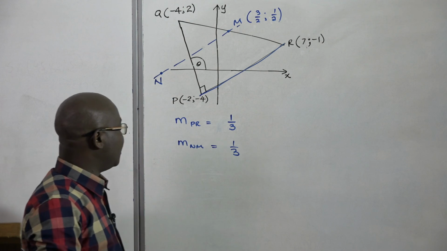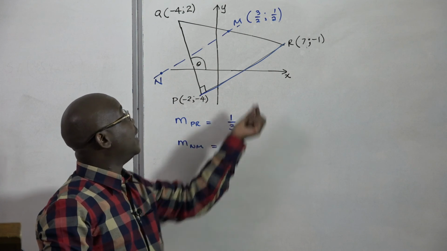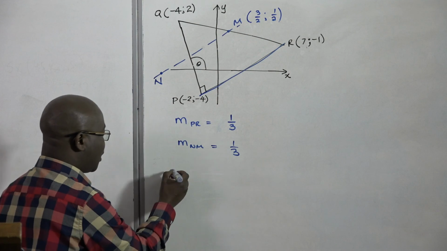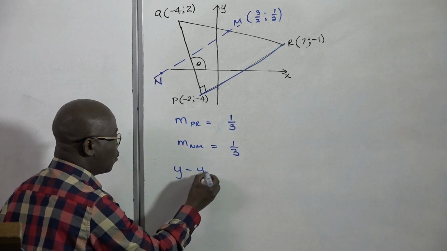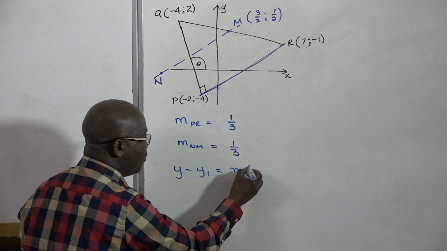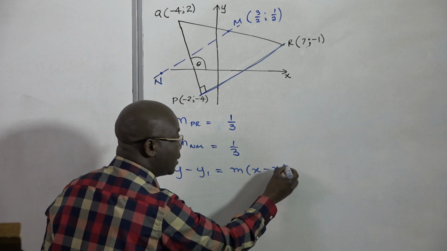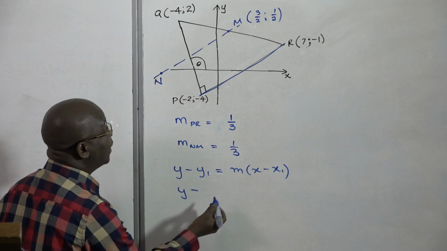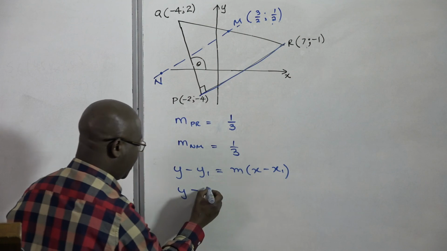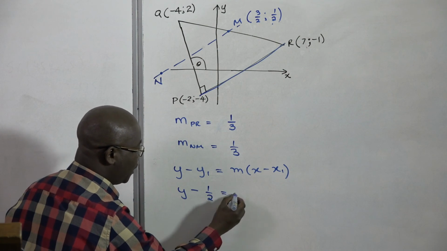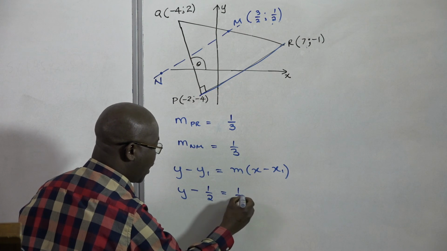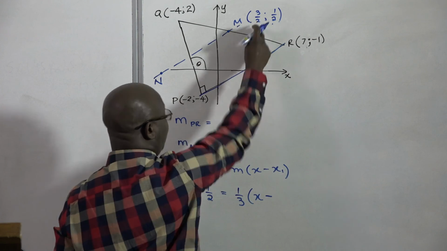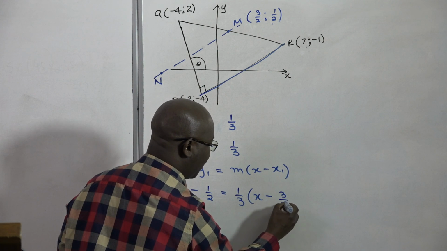Then we have got what we need, the gradient of the line and a coordinate where it passes through. Then let's substitute that into our equation. y minus y1 is equal to m times x minus x1. This gives us y minus 1 over 2 is equal to 1 over 3, in brackets x minus 3 over 2.